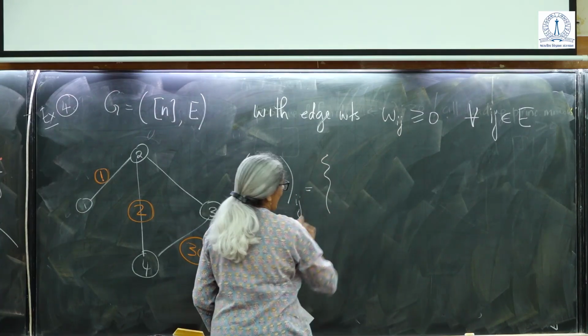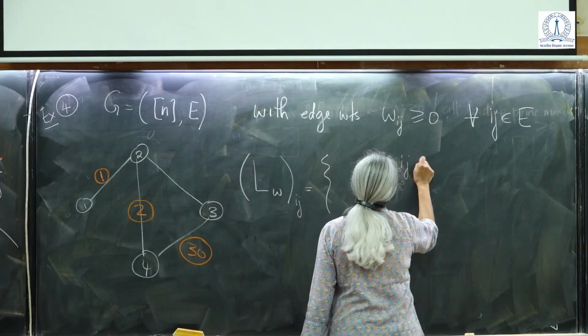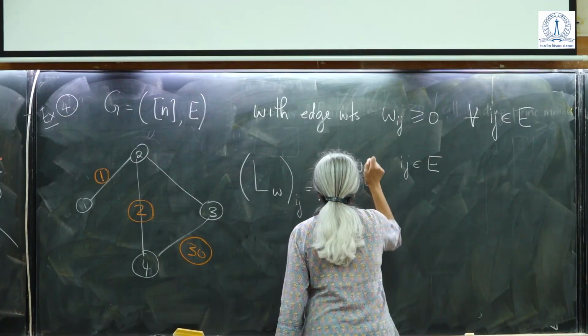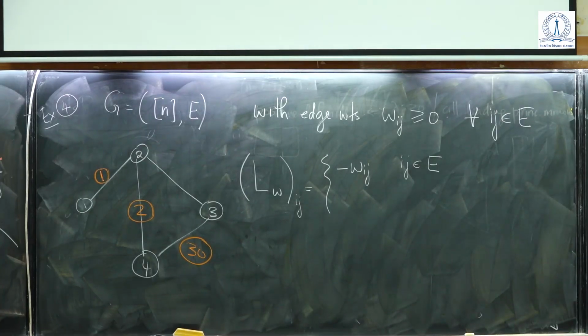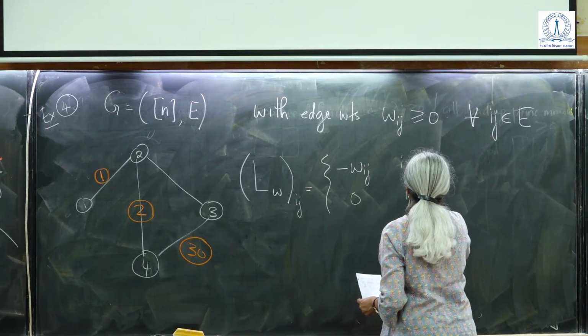If you have an edge, then it should take, what do you think? Yeah, you should take the negative of the weights. Before we were putting -1, right? Everywhere we had an edge, we put a -1 because the weights were all 1. So now we put minus the weight if ij is an edge, and you put 0 if ij is not an edge.